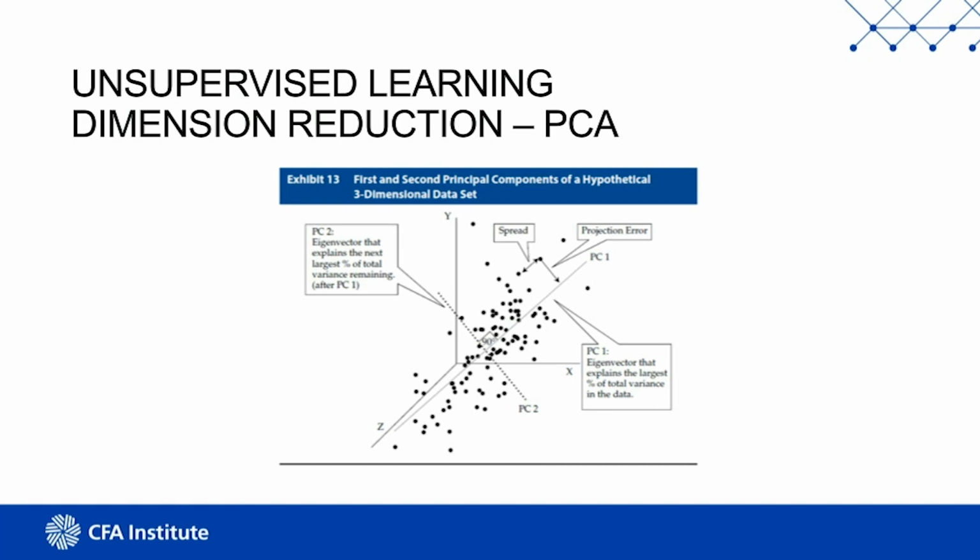And essentially PCA simply finds the main sources of variation in that. So in this case, PC1, principal component 1, it's found the main thing that seems to vary across this data, which is some combination of X and Y and Z. And then what's left is the next principal component, which is at 90 degrees to that.